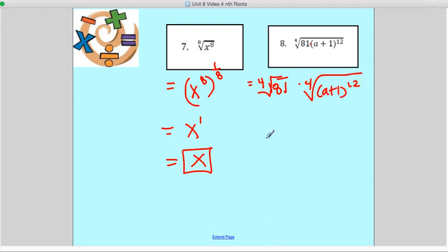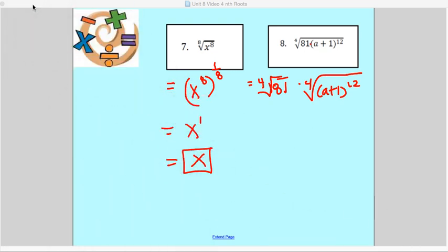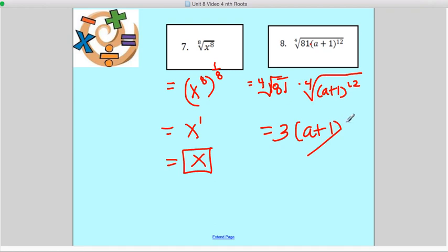So the fourth root of 81, once again, I don't know it, so I'm going to go to my calculator. I do 4, math, the x root is number 5, 81, enter. It is 3. So this is equal to 3. 12 divided by 4 is 3, and it's a quantity, so it's a plus 1 to the third.